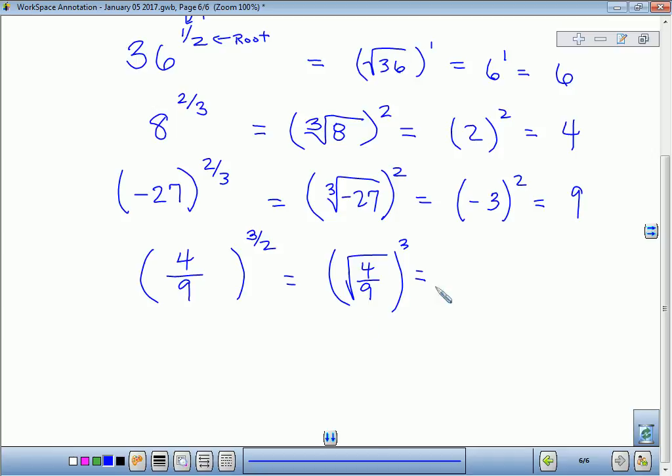Now remember, when we have a fraction under the radical, it really means take the square root of both those things, doesn't it? You don't have to write it like this, but I just wanted to remind you it means take the square root of both of them. So what's the square root of 4? 2. And what's the square root of 9? 3. And then we cube those. 2 cubed is 8. 3 cubed is 27.